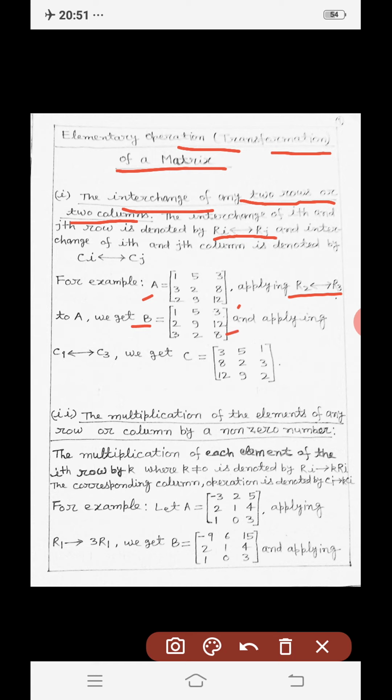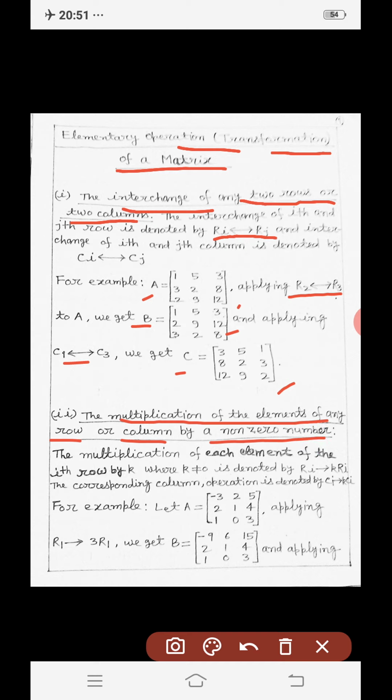And applying the interchange of C1 and C3 to matrix A, we get matrix C equal to 3, 5, 1, 8, 2, 3, 12, 9, 2.